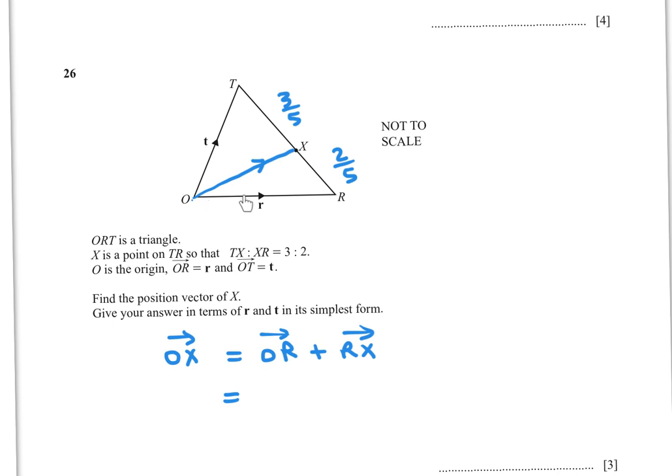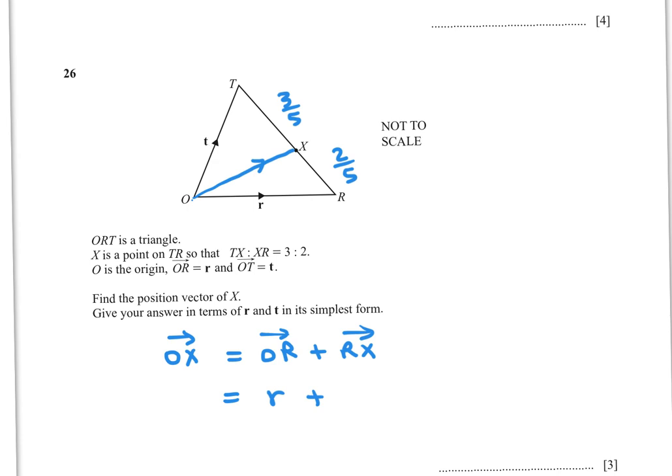OR equals r. Now how to find RX? RX is part of RT. We can find RT. RT equals RO plus OT, where RO is negative r, plus OT, which is t.